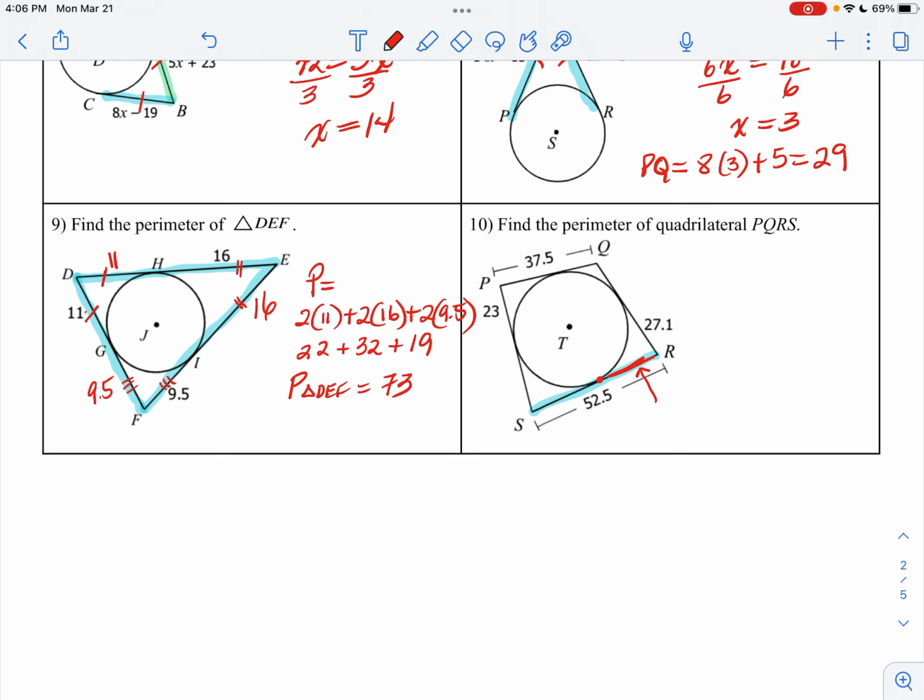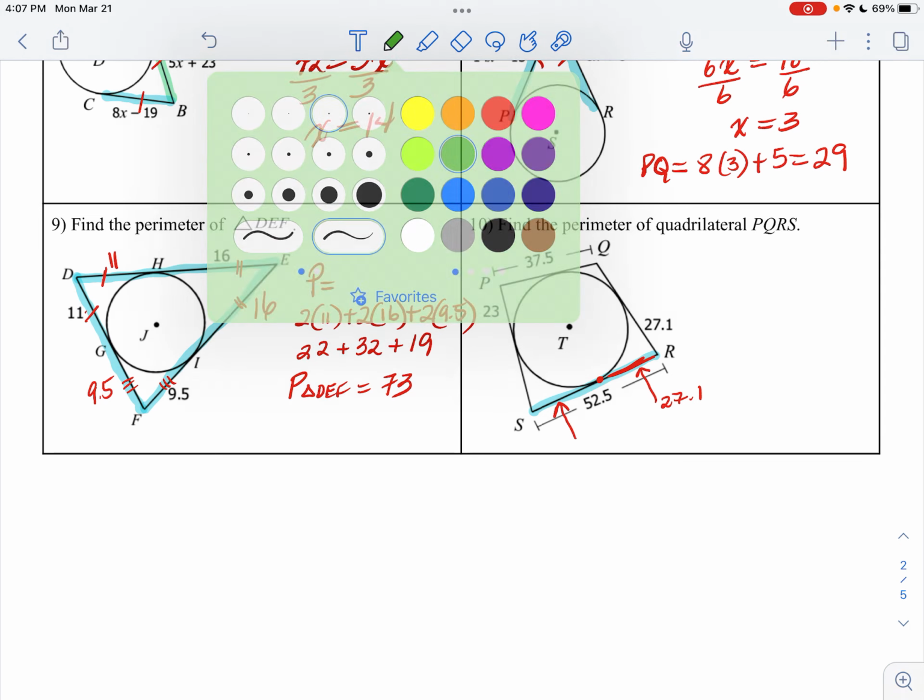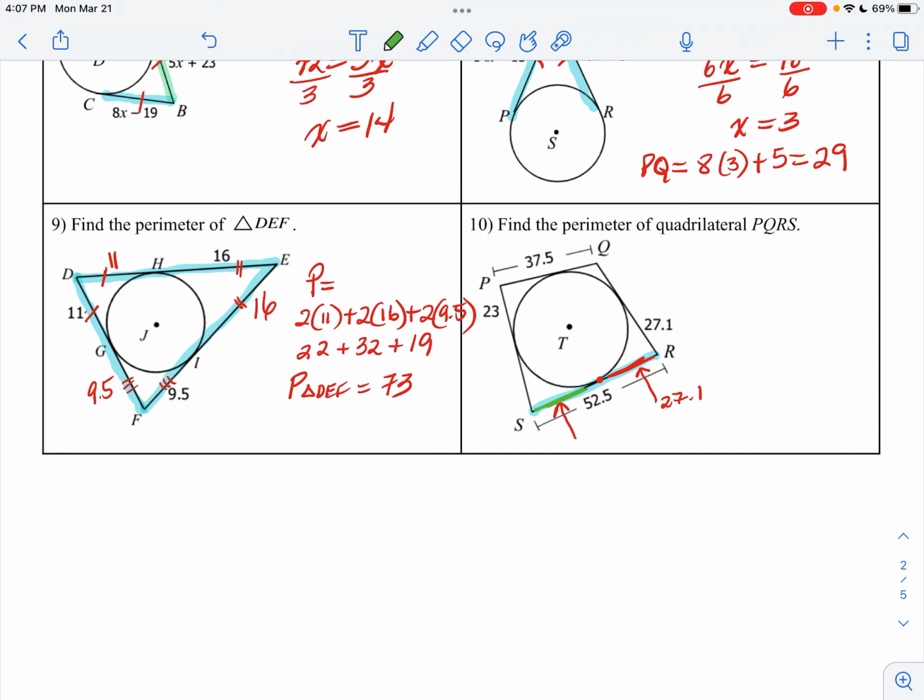All right, so that piece has to be 27.1. And why do I care? Well, if I know that that's 27.1, I can find this piece. And it's important to know that right here, because it's the same with this. And I don't have that. So this segment here is going to be 52.5 minus 27.1, or 25.4.